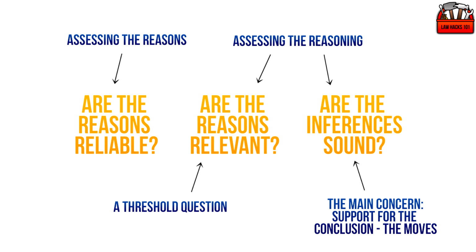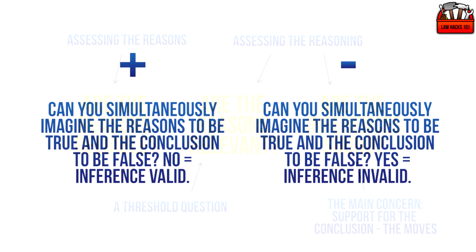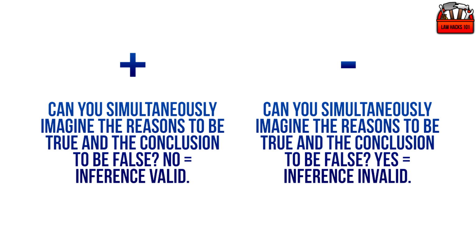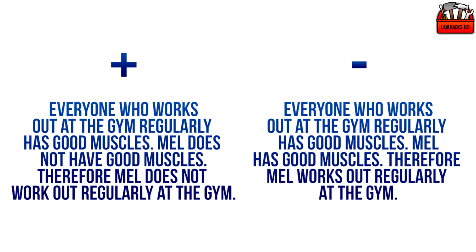Pause and look at this image so that you know what the test is. Let's look at a practical example. Can we imagine that if it is true that everyone who works out regularly at the gym has good muscles, and that Mel does not have good muscles, that it is false that Mel does not work out regularly at the gym? We can't really imagine that, can we?